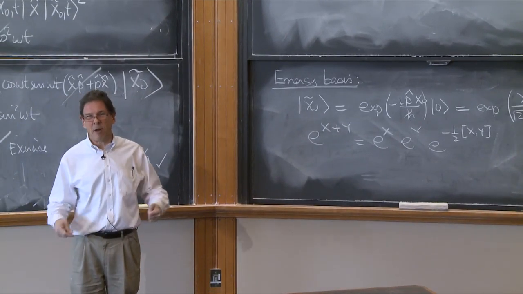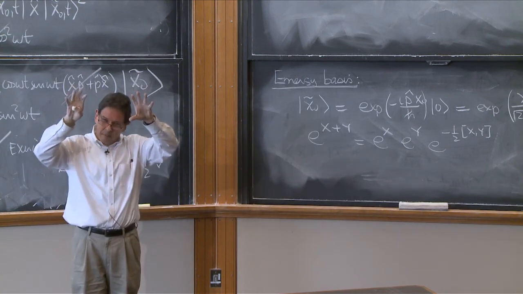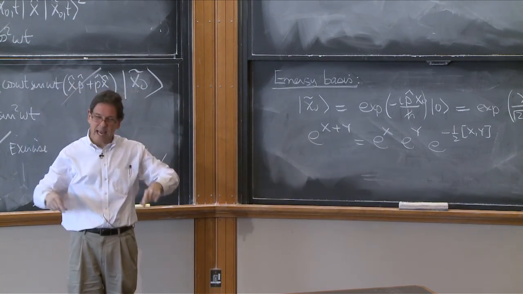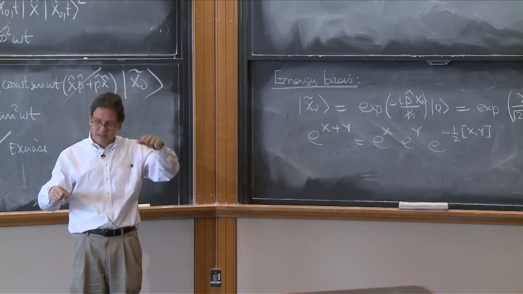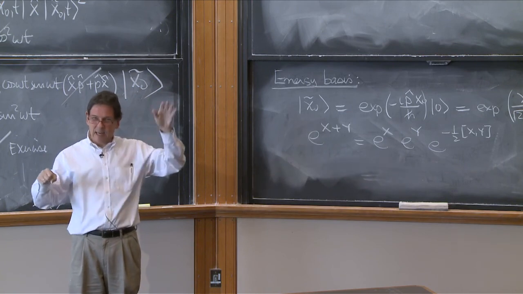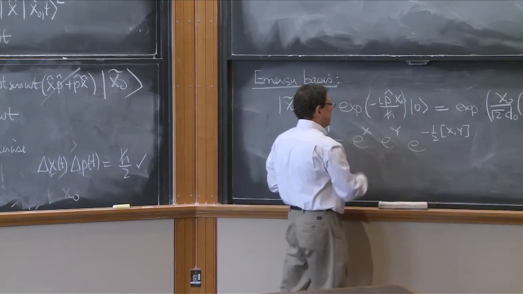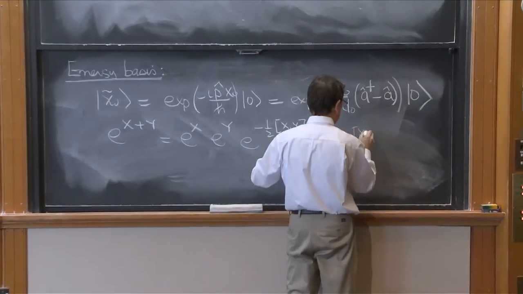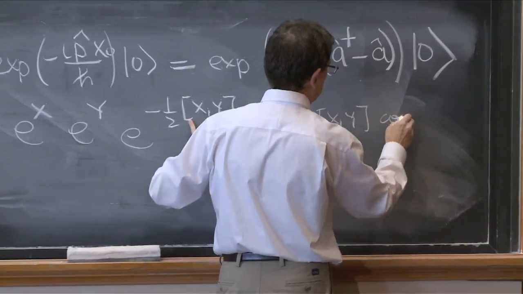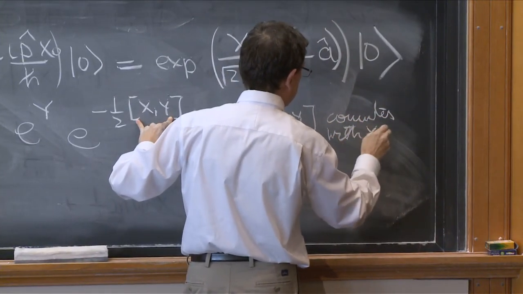There was a problem in the test that there was an operator with xp plus px acting on x, and after you commute it, you get x again, and you have to keep including terms. So this stops here if the commutator of x and y commutes with x and y.